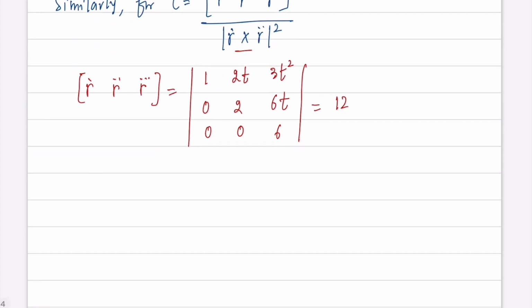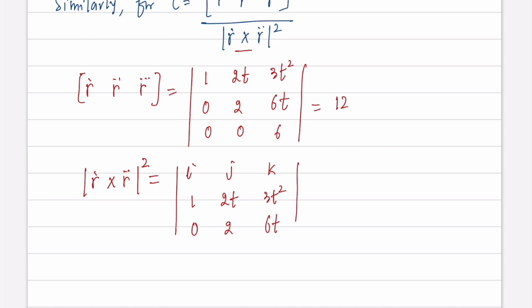And similarly, this r dot cross r double dot, or we can say whole square, is the determinant of i, j, k, then r dot which is 1, 2t, 3t², and the second is 0, 2, 6t.